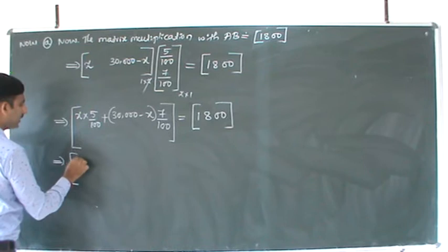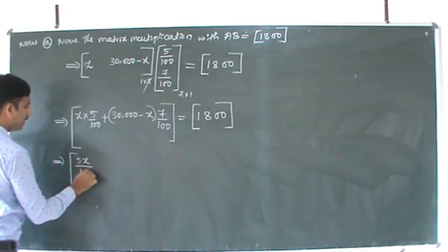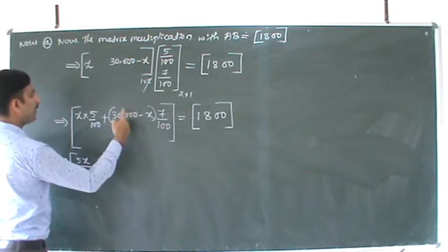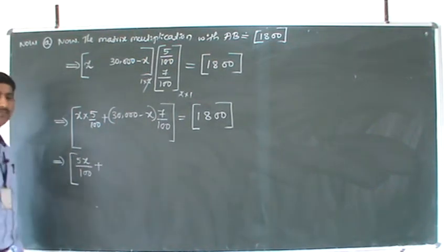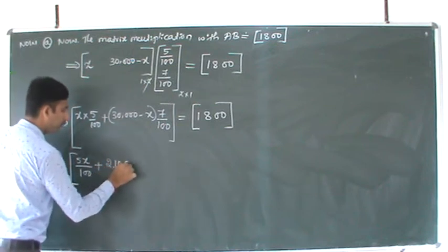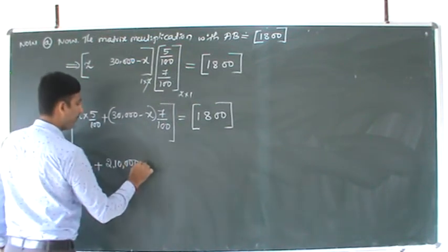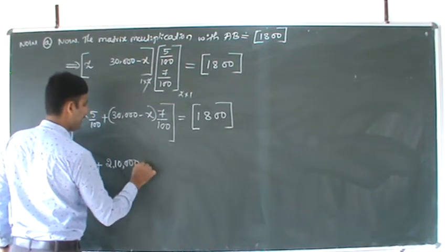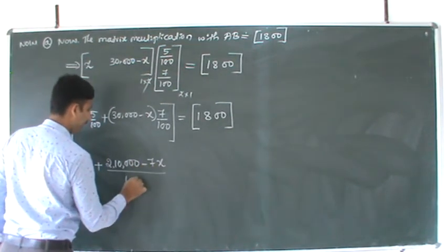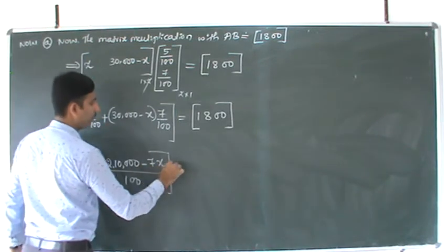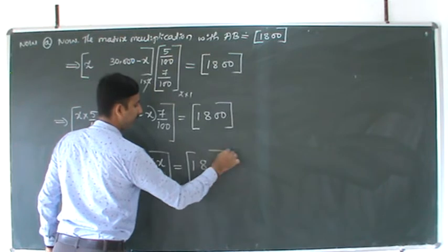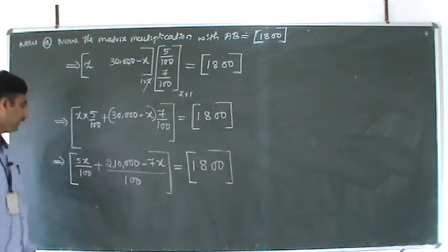Which implies 5 into X, that is 5X by 100, correct? After that plus 7 into 30,000, which becomes 2,10,000, minus 7X, whole divided by 100, which is equal to matrix value 1800. Correct?